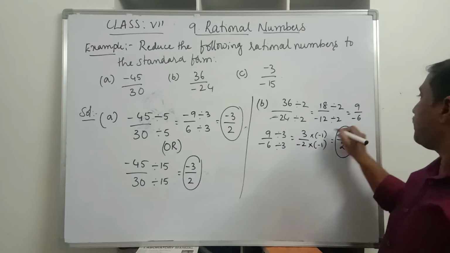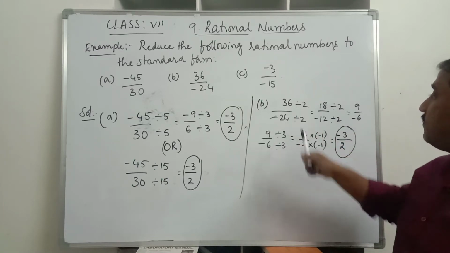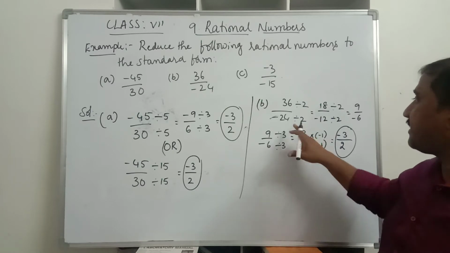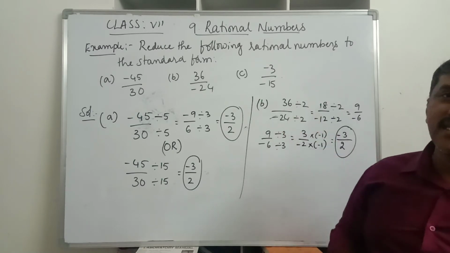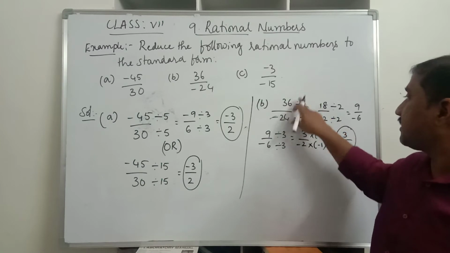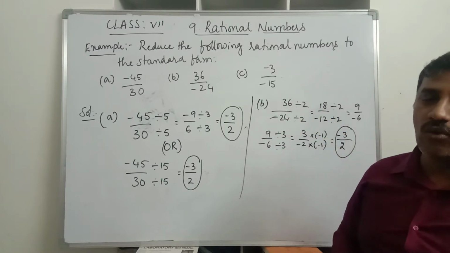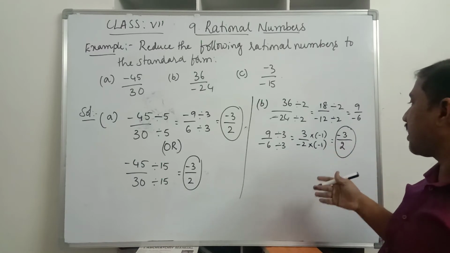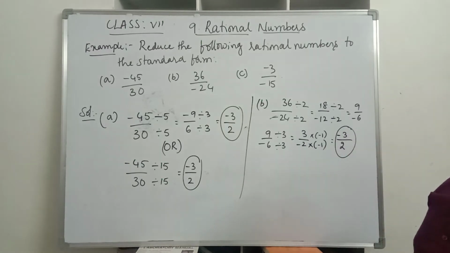Now minus 3 by 2 is the standard form of 36 by minus 24. Directly you can divide by 12, the HCF of 24 and 36 is 12. 12 3s are 36, 12 2s are 24. Then you multiply both numerator and denominator by -1, and you will get minus 3 by 2.